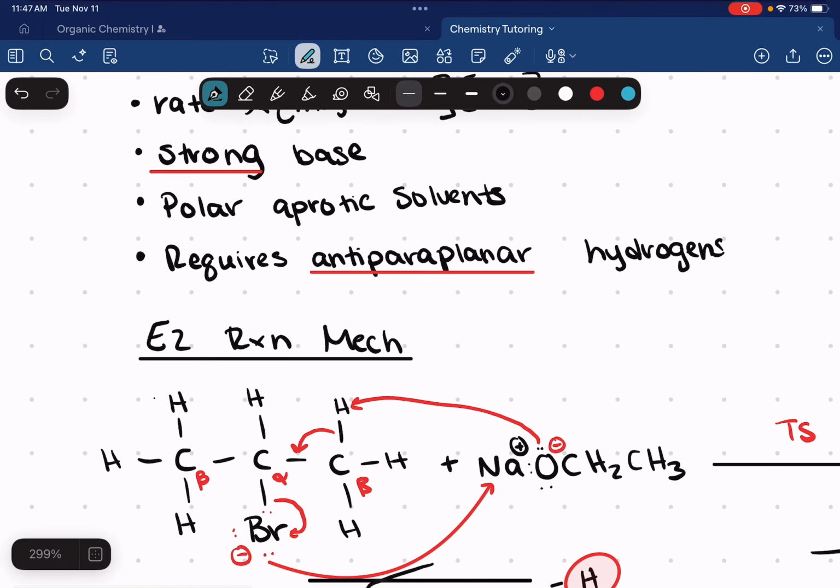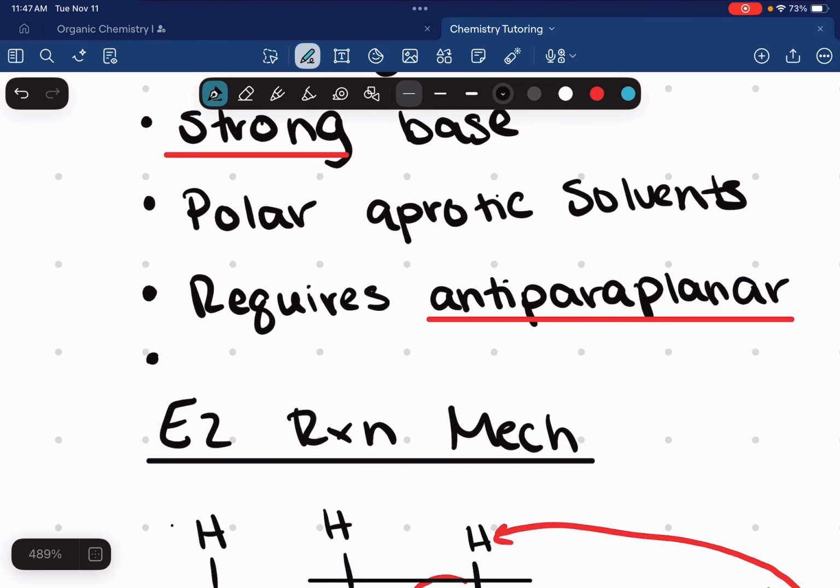So E2 is what's called regioselective, meaning regio like region. So there's steric hindrance, so it can only take a certain hydrogen. That's what it means by regioselective.